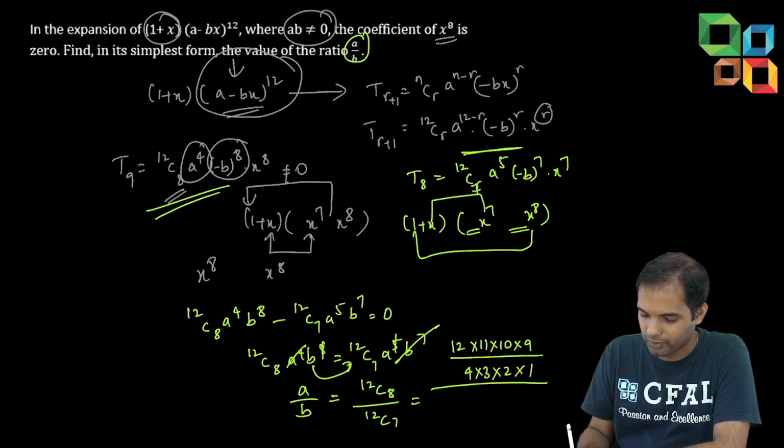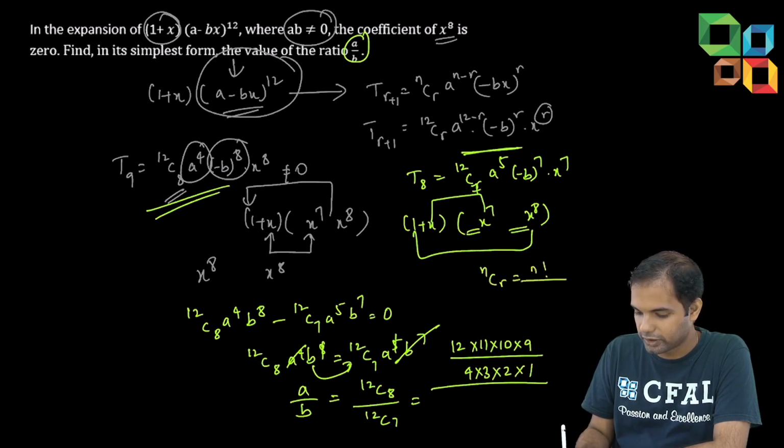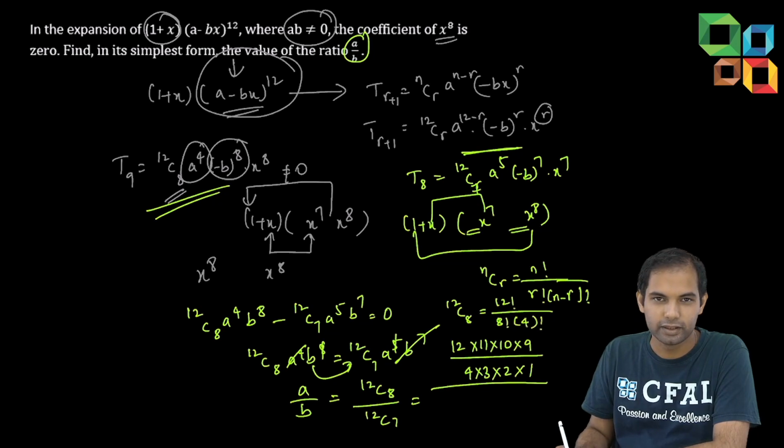If you're not comfortable, you can use the formula. What is the formula? NCR is equal to n factorial by r factorial into (n minus r) factorial. So that means 12c8 is nothing but 12 factorial divided by 8 factorial into (12 minus 8), which is 4 factorial. That way I got this.